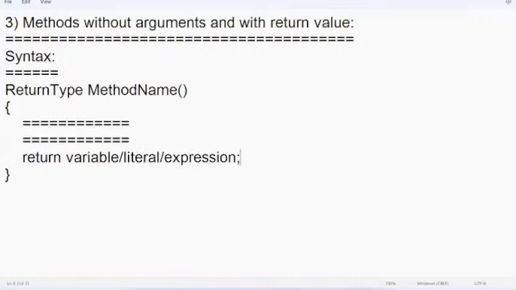Return type, method name, no arguments. Here the return keyword, variable, literal or expression, because it is with return value.